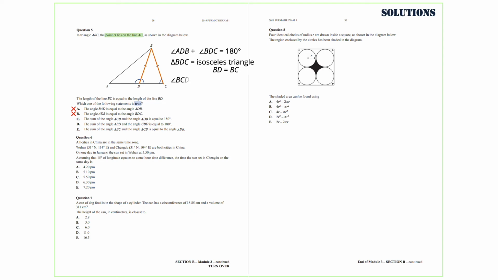Therefore, angle BCD equals angle BDC, which means that the sum of the angles ADB and BCD equals 180 degrees. So the answer we are after is option C. From the 2019 VCE examination report, 55% of the students chose the correct option.